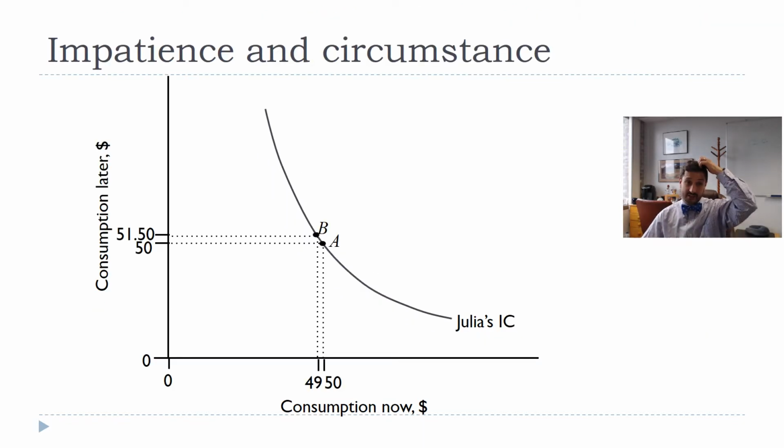So we can see this now, right? The slope, remember, if we were doing calculus, the slope would just be the derivative of the indifference curve, but we can just look at the difference between one unit and get a pretty good estimate of the slope of the indifference curve. So in this case, the rise is $1.50, and the run, 49 to 50, is just $1, so it's just 1.5 over 1, or 1.5.